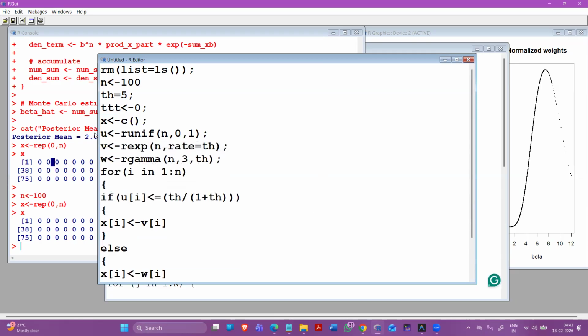In this blank vector, the benefit is that, if you remember in the previous example, we took numeric, and we took one other thing also.